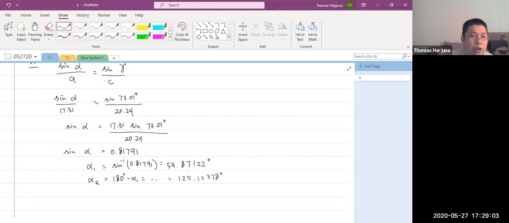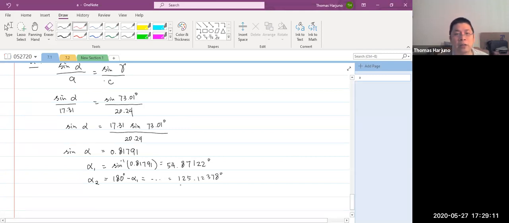Okay, so when you find the angle, sine of an angle, it should give you 2 solutions. However, then we will cancel the second solution here. This is not applied because we know that alpha has to be less than 73.01 degrees.